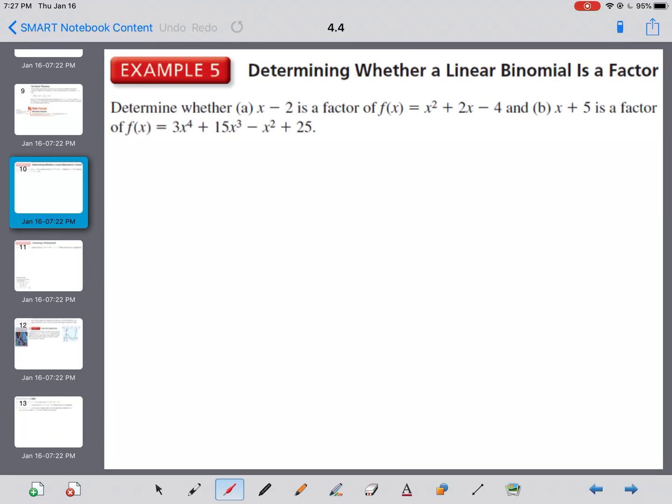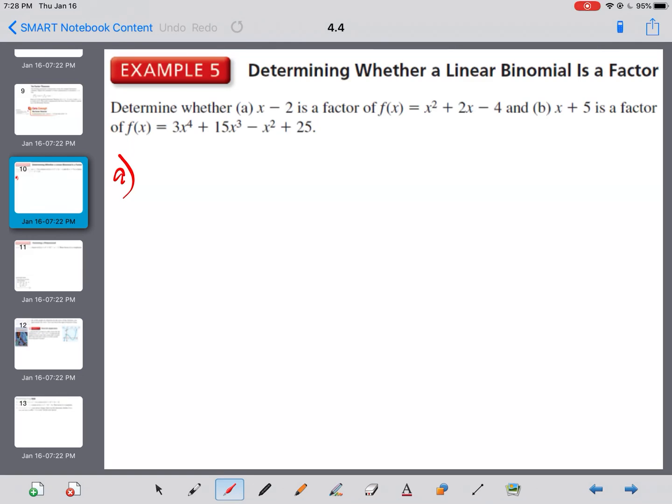Now, we could just factor x squared plus 2x minus 4 and figure out what the factors are. But we want to show it. And the main reason is if we can do it on the small one, then when we get to B and it's not a quadratic anymore, and factor by grouping or something like that doesn't work, we could prove that it is.